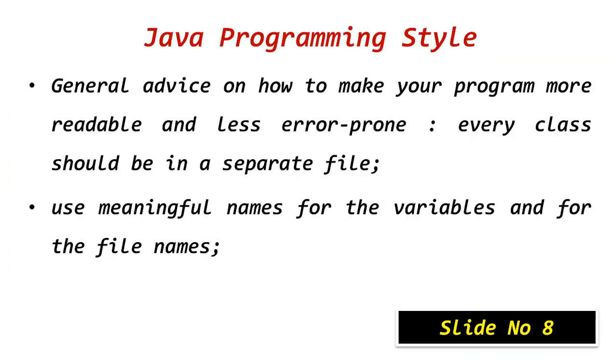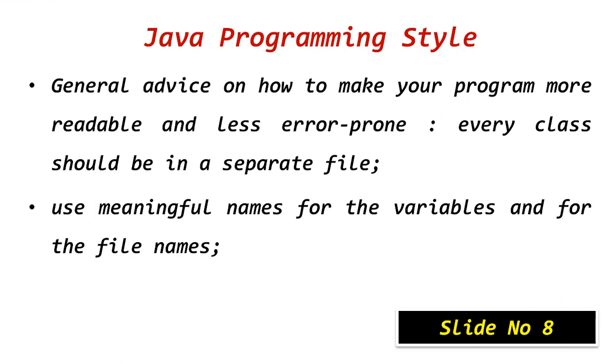Now what about Java programming style? This is very important as far as our Java programming is concerned. General advice on how to make your program more readable and less error prone. Every class should be in a separate file. You have to design all the contents separately in different classes. Use meaningful names for the variables and for the file names so that the user can understand.